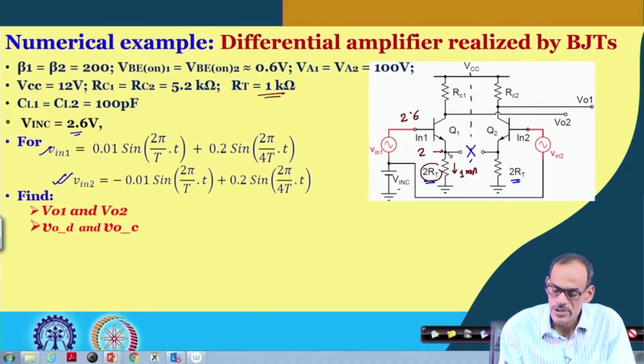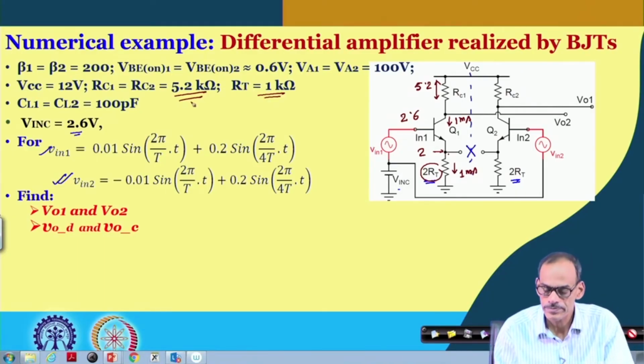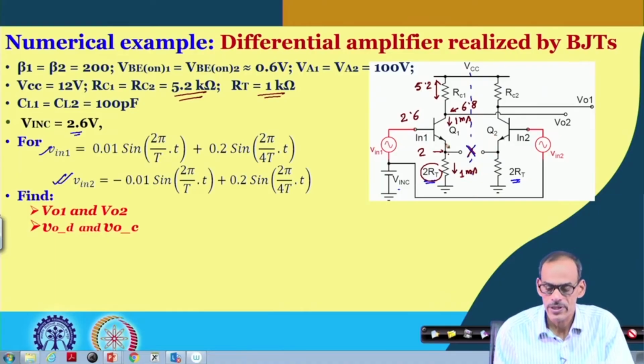So, that gives us the emitter current of 1 milliampere, and the collector current is also very close to 1 milliampere. This 1 milliampere flows through RC1, creating a drop of 5.2 volt, since its value is 5.2 K. So, the voltage here again is 6.8. With this split, of course, as expected the operating point does not change.